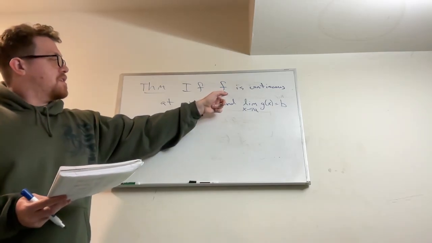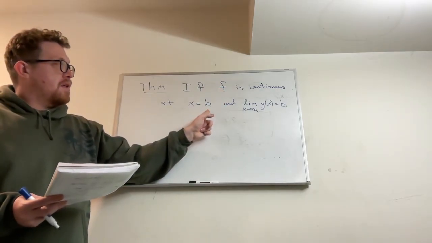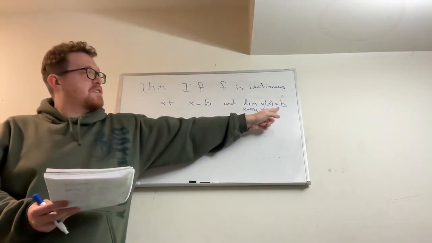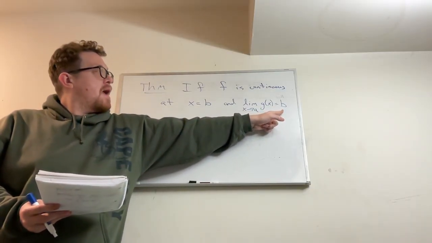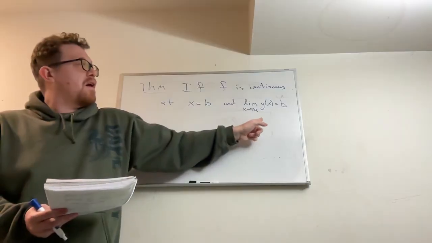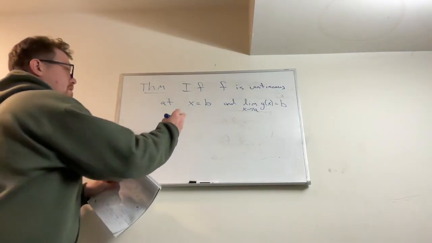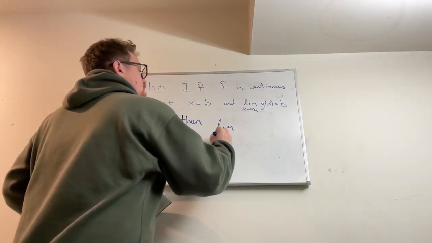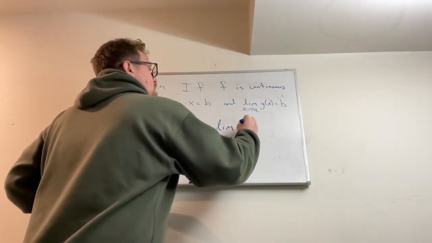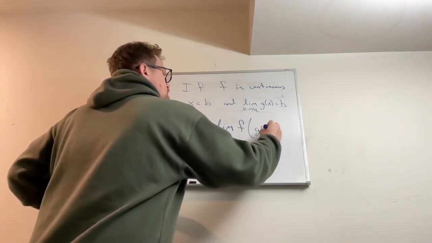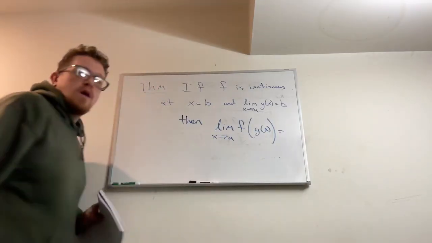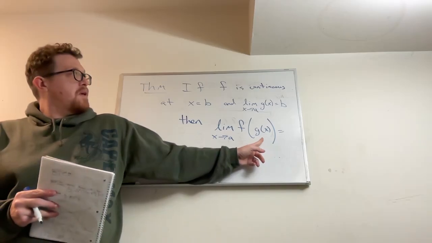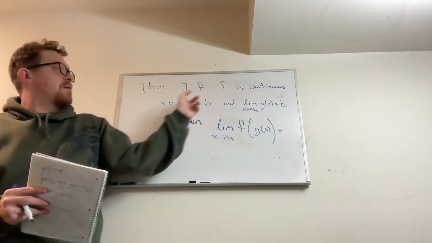So you have f continuous at x equals b. As you plug in values really close to a, g of x is approaching b. And therefore, if I take the composition f of g of x, well, the thing I'm plugging into f, g, is getting really close to b, and f is continuous at b.